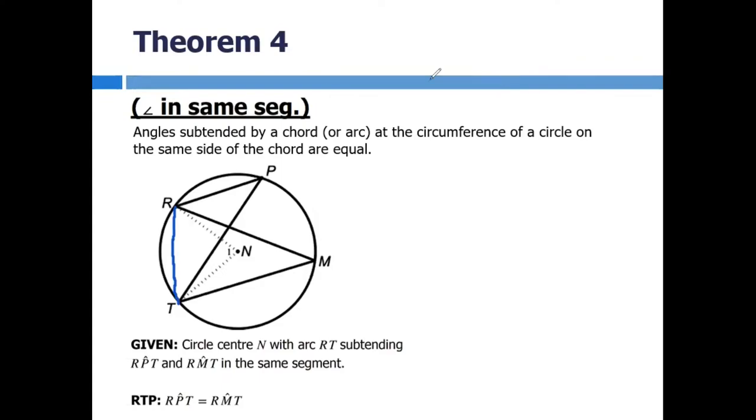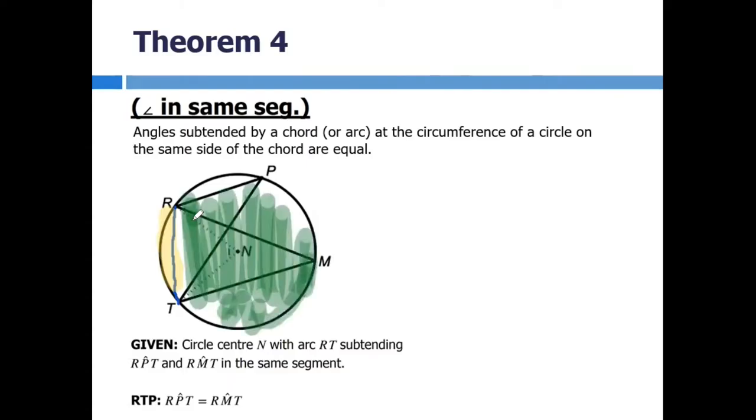So I could almost color them in. That's the one segment there on that side of RT, and the other segment is on the other side of RT. Okay, so those are the 2 segments. So when they talk about angles being in the same segment, it means, again, I'm putting my fingers on each side of my chord, and I'm going to the circumference.